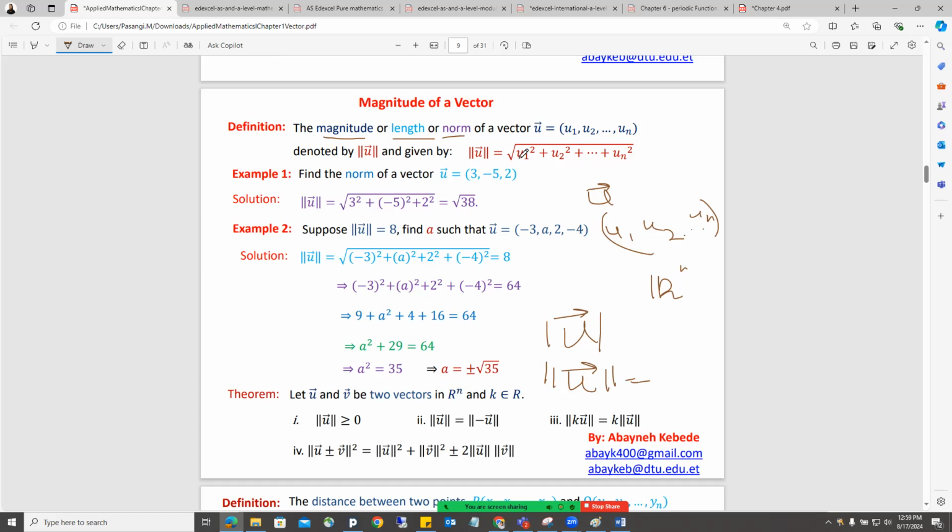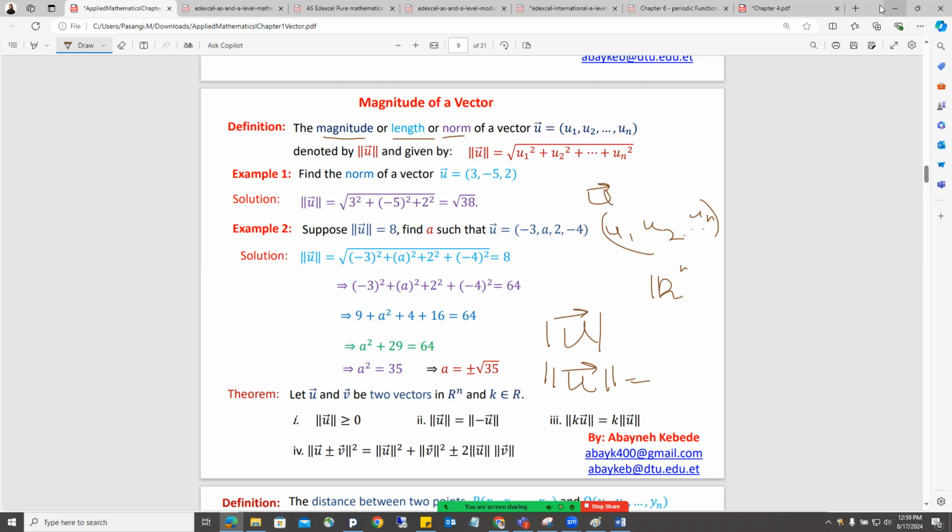It is the square root of the sum of the squares: u1 squared plus u2 squared plus u3 squared, likewise until un squared. We add all these values and take the square root of the total summation. What is that un? Yes, the final value.